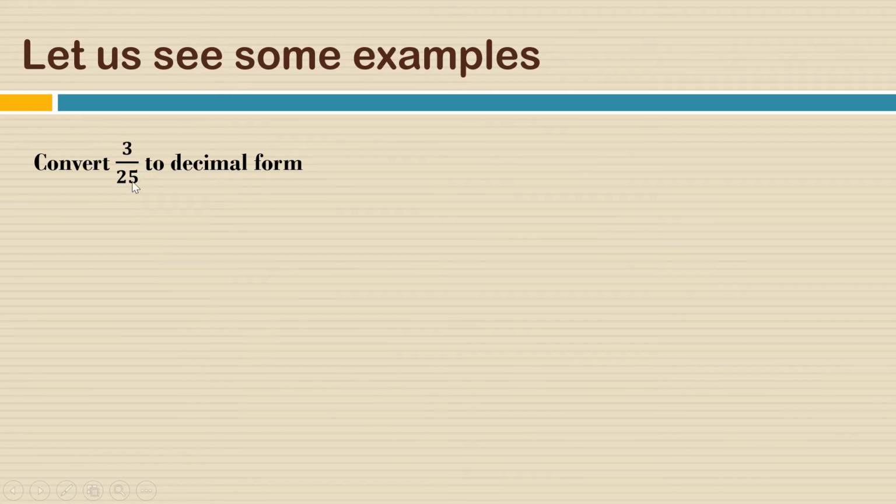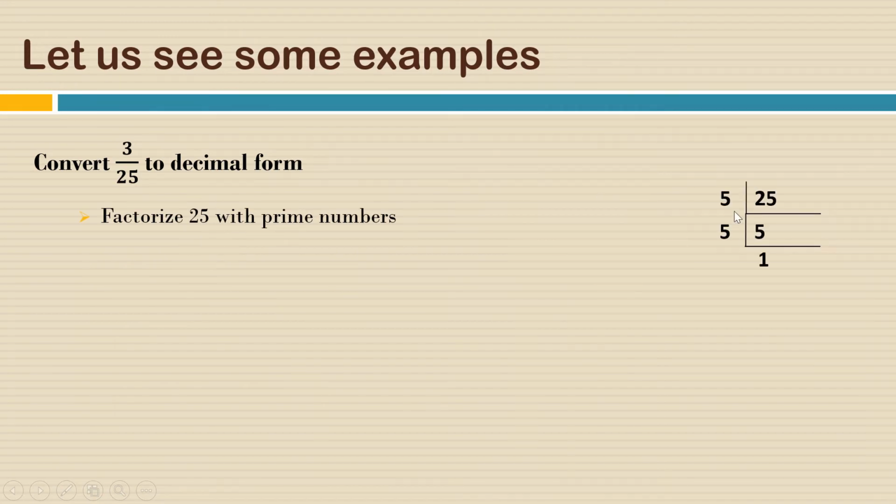Next is 3 by 25. Here the denominator is 25. It is not a power of 10. So, we have to convert 25 to a power of 10. Factorize 25 with the prime numbers. 25 equal to 5 into 5. 3 by 25 equal to 3 by 5 into 5.